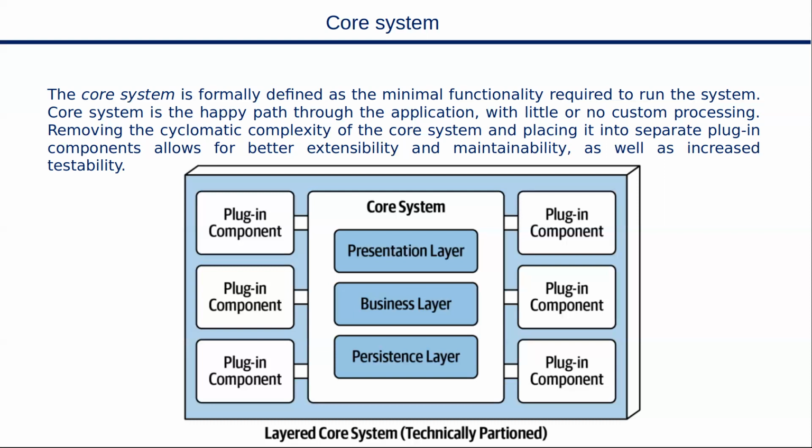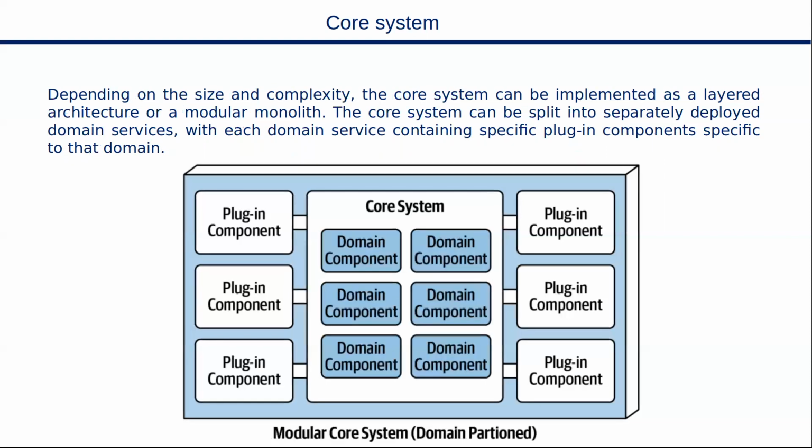Depending on the size and complexity, the core system can be implemented as a layered architecture, or as a modular monolith. In some cases, the core system can be split into separate deployed domain services, with each domain service containing specific plugin components specific to the format. So one more time, depending on the size and complexity of the core system, it can be implemented as a layered architecture or modular.